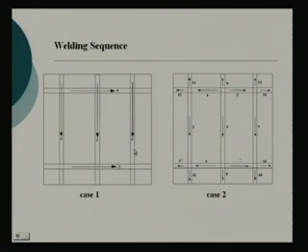But that is one aspect. The other aspect is I will have to see how the plate is getting stiffened. As I am welding it, I am producing a stiffened panel. Welding is progressing, so the plate is also progressively getting stiffened. If it is getting progressively stiffened, its rigidity is increasing.